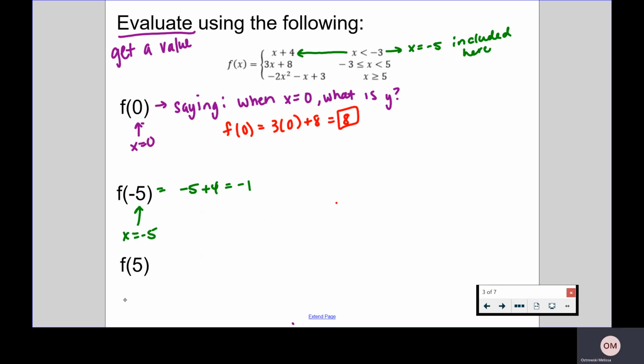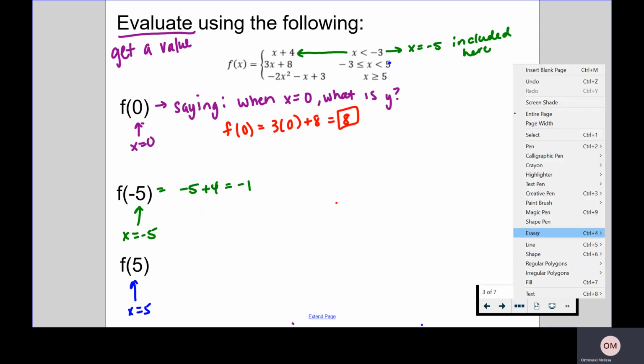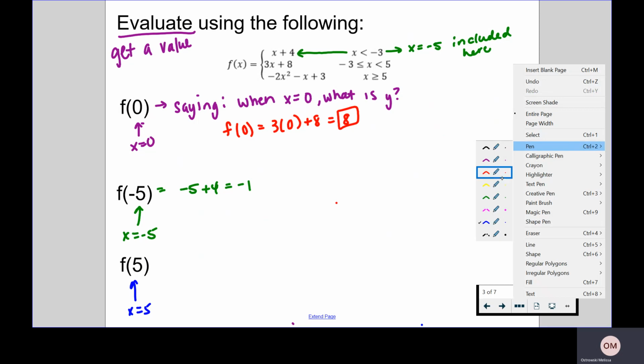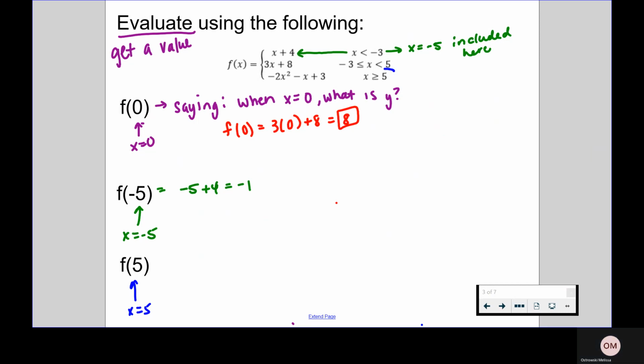And then this is saying x is equal to +5. What is y? So here's where I have to be careful. This middle segment does not have an equal to. That is just less than 5. I actually have to use that segment on the bottom. This will give me x equals 5.